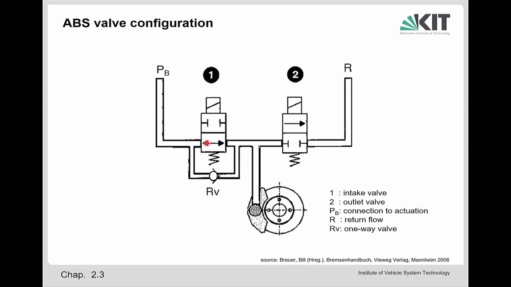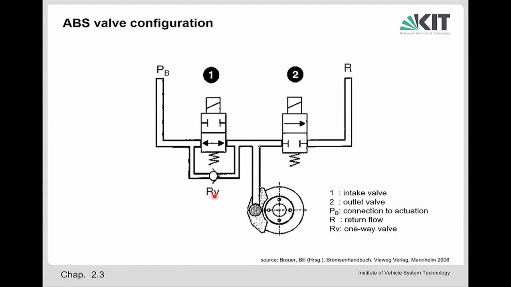But if the driver is not doing a good job, then the system can close that and can open that if necessary, and can control an appropriate pressure on the wheel brake, which avoids a slip which is too high. You can see here is also a reverse valve.